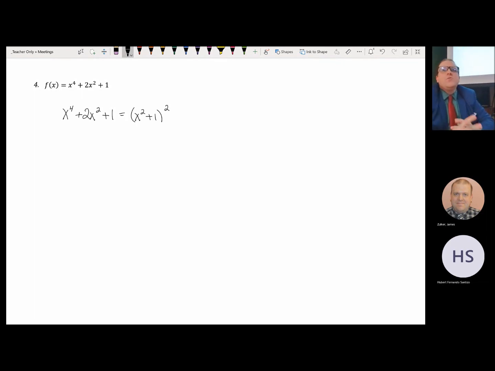That factors as (x squared plus 1) squared. So x squared plus 1 equals 0.